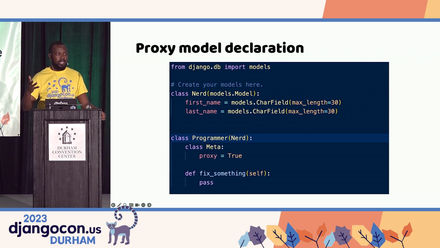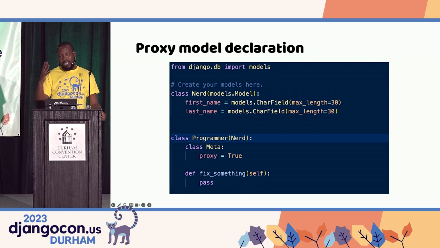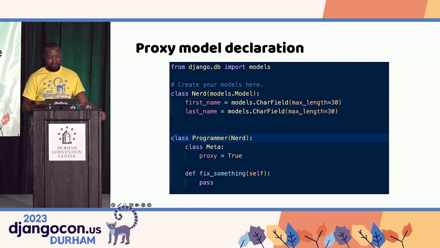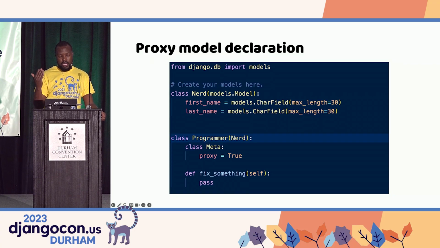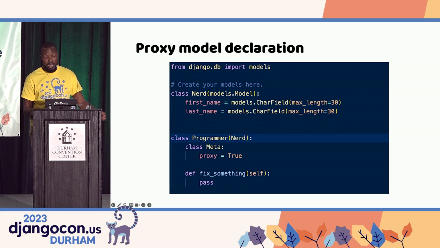So the nerd class is the existing database that we have, right? And in that nerd class, we are going to be adding a few other things. We are going to add a programmer, we are going to add a doctor, and we are going to add a Django nut, right?